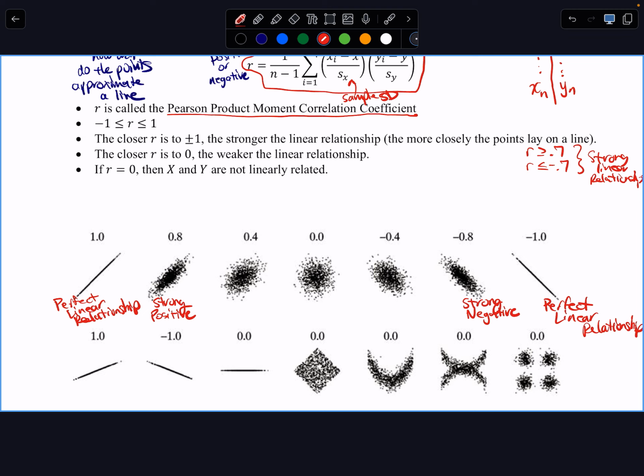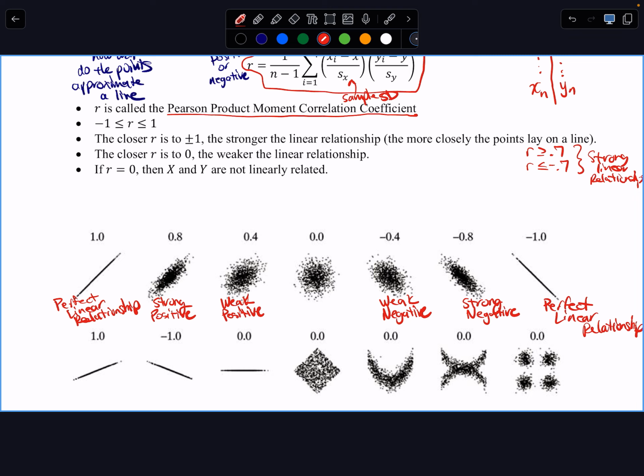Then I can get to some weaker positive and negative, right? So this one's weak in the positive direction. So they're still going upward from left to right. But notice here, there's a lot more scatter. And then the same thing happens for negative 0.4.